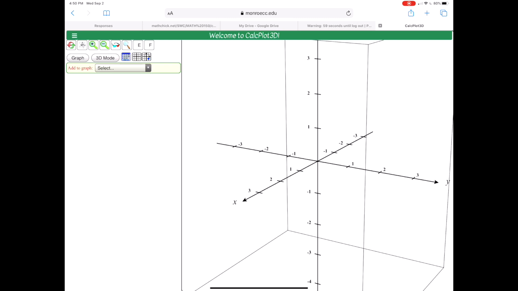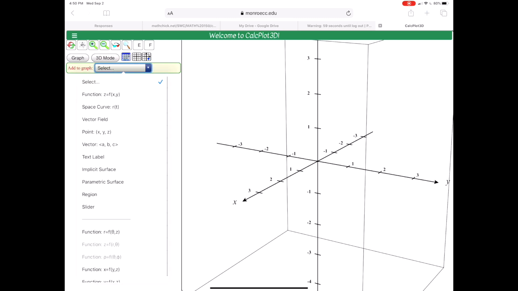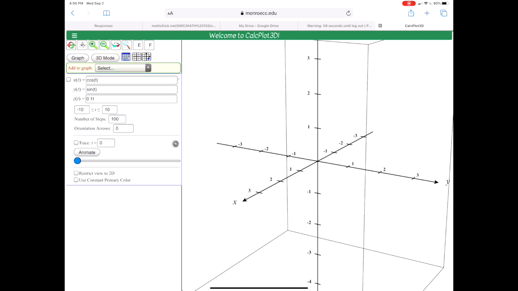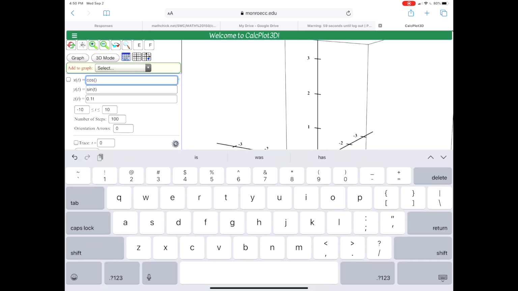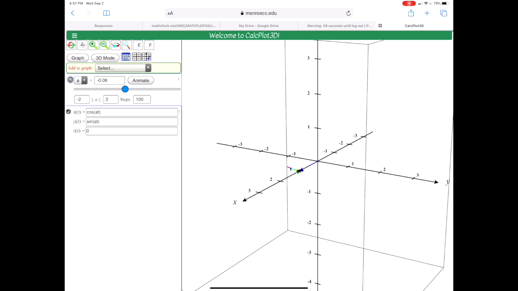So let's go ahead and take a look at a space curve. And we're going to have a times t. A will be our omega.